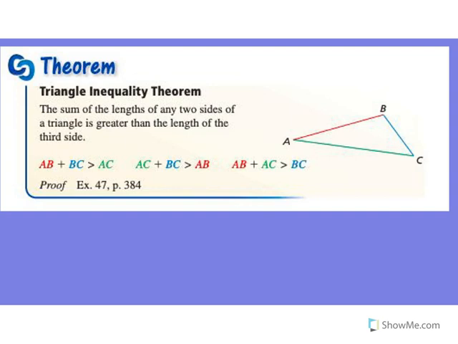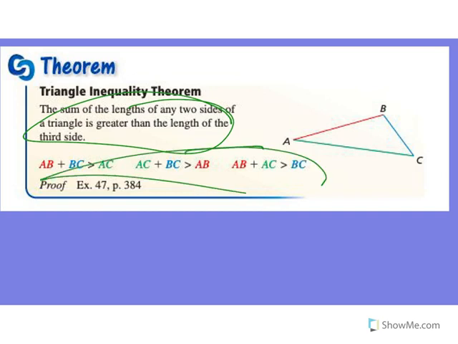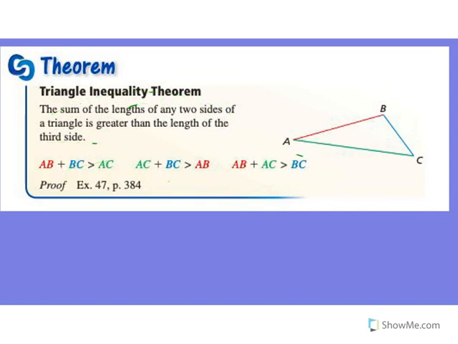Okay, now, this is confusing to me. Here's how I say it, which is not too far off of what it actually says: any two sides of a triangle have to be bigger than the length of the other side.